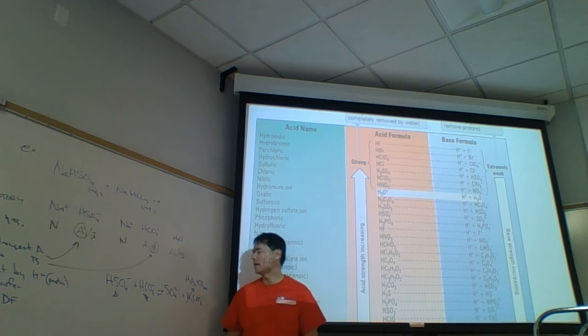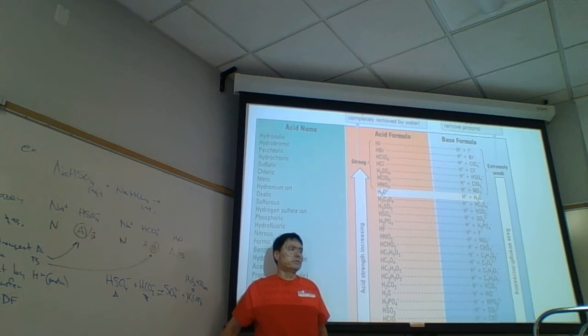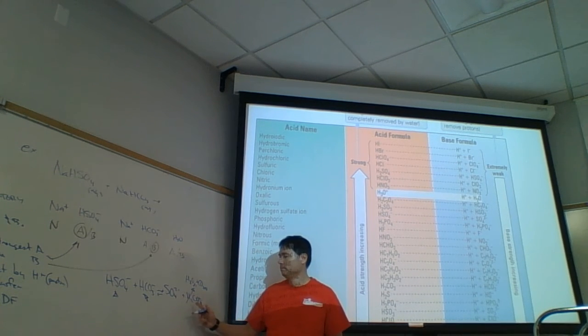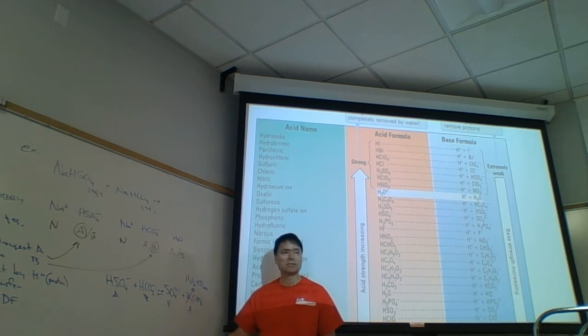The way we determine that is who gains the proton, who loses the proton. So who loses the H? H2CO3 loses the H. Who gains the H? Sulfate. So this is the base. The acid loses, the base gains.